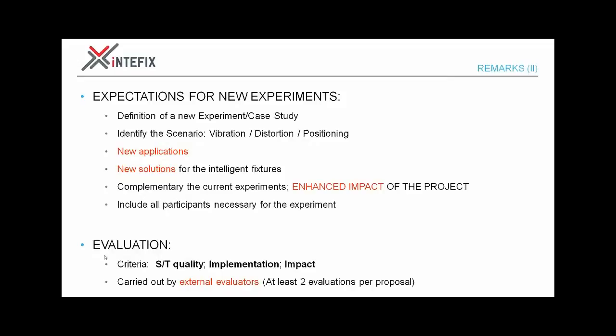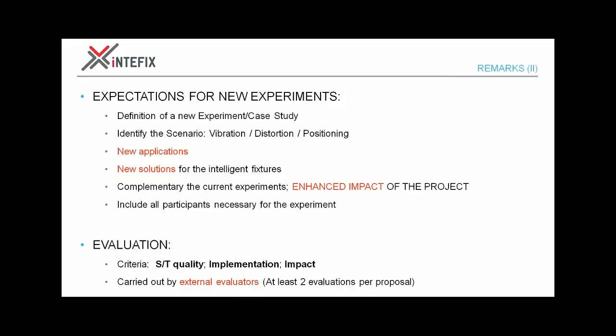Another key point of the evaluation is that it is carried out by external evaluators. I'm not going to evaluate the proposals. External evaluators will make an independent evaluation, separate from the partners already involved in the project.